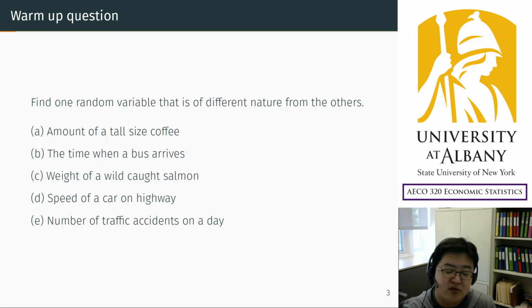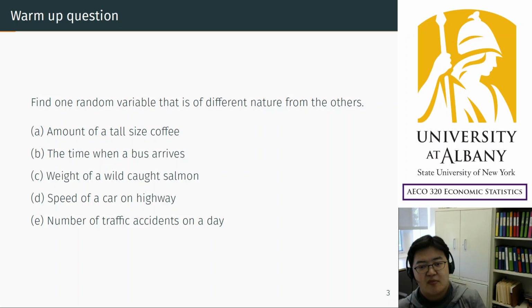The 5 random variables are: A, the exact amount of a tall size coffee; B, the time when a bus arrives at a bus stop; C, the weight of a wild-caught salmon; D, the speed of a randomly chosen car on a highway; and E, the number of traffic accidents on a random day.